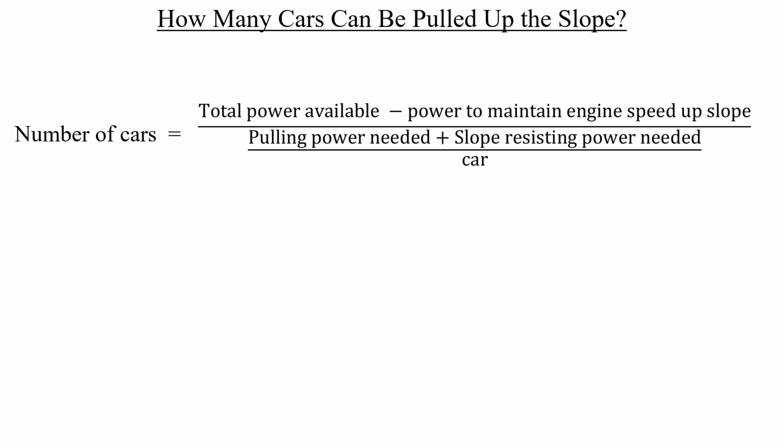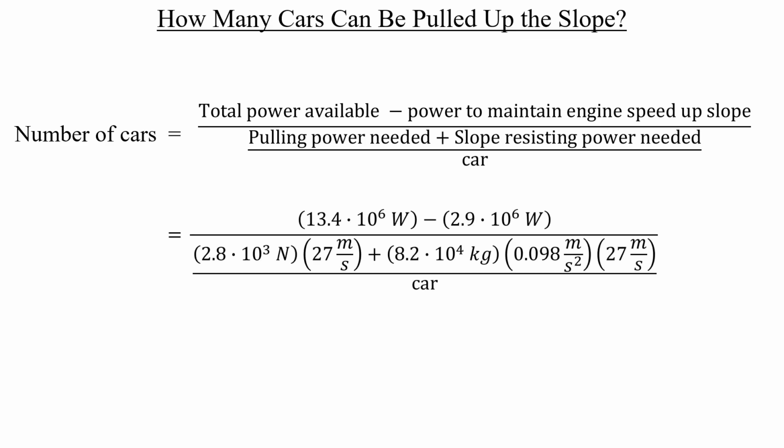A similar thing happens in the denominator. Some extra power has to be accounted for every single car to make sure that they don't slide backwards down the hill.